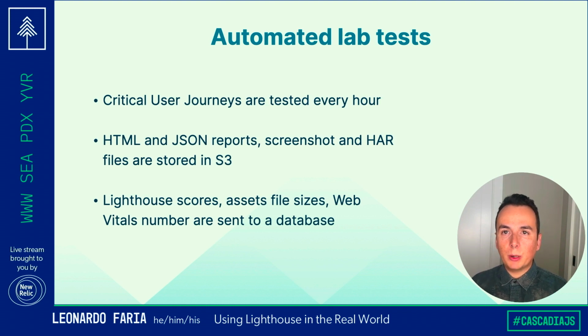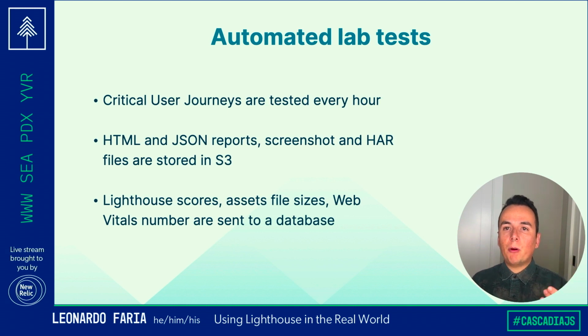The HTML reports created by Lighthouse are uploaded into an AWS S3 bucket for future reference. By parsing the Lighthouse JSON report, we can create a screenshot of the page and also create a HAR file with all assets and all information about when they were loaded.